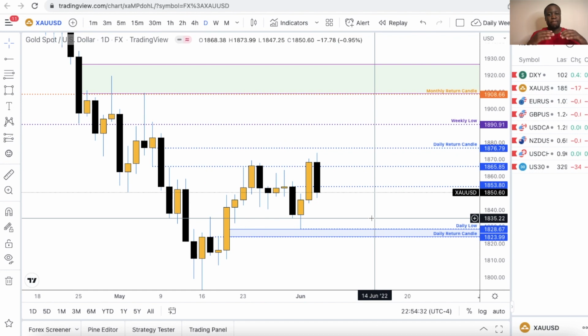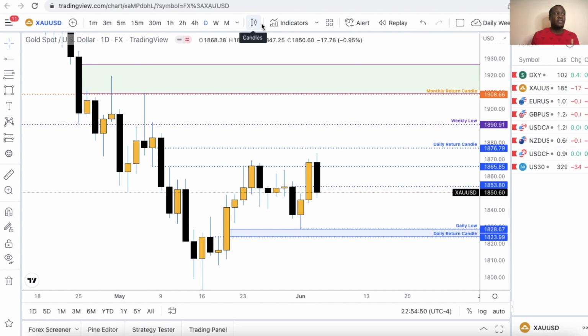For you new traders, the only indicator that I really use is the moving average. The moving averages are like moving support and resistance. It allows you to know exactly when these levels cross. I'm going to show you in a second. When these levels cross, you know that it's headed in a certain direction.